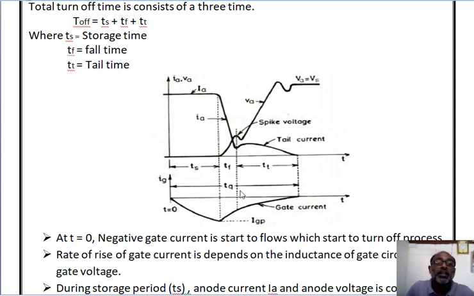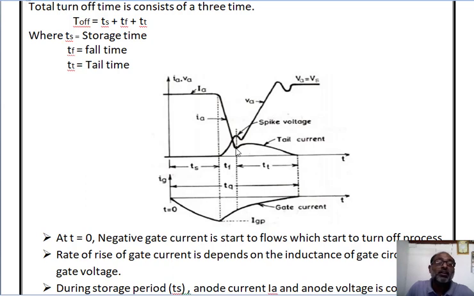Now, during the TF period, that means the falling period, the anode current rapidly decreases and the anode voltage increases. After some time, the anode current decreases quickly, and afterward the rate of fall of anode current decreases. At this point the value of gate current becomes negative maximum, and the value of this negative current is equal to the anode tail current.